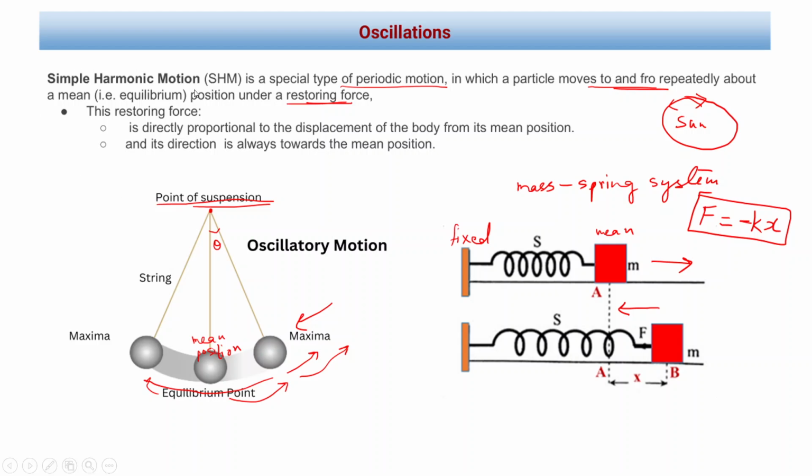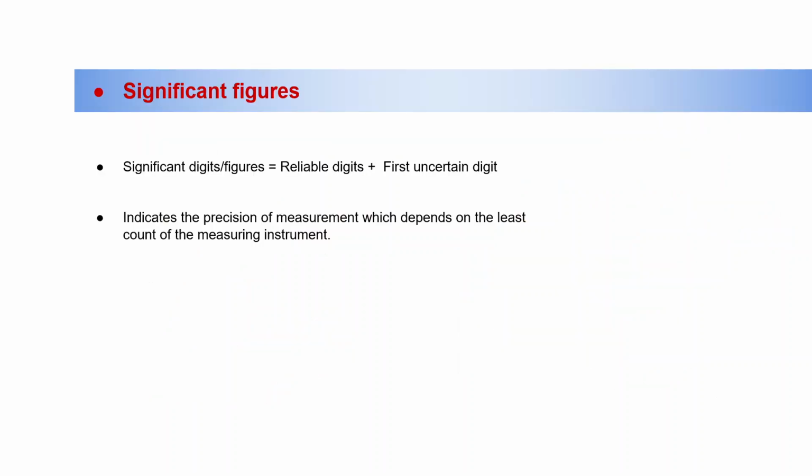So these are all periodic motions which repeat themselves. There's simple harmonic motion, which is a specific kind of periodic motion, where the restoring force is directly proportional to the displacement of the body and its direction is always towards the mean position, as you can see for a pendulum or spring mass system. We had discussed that there are undamped, damped, and heavily damped kinds of conditions or cases.